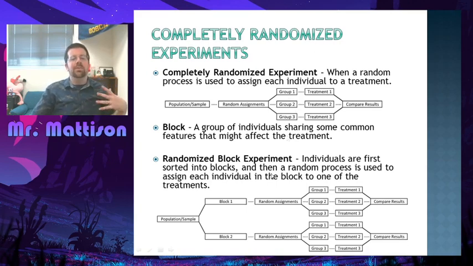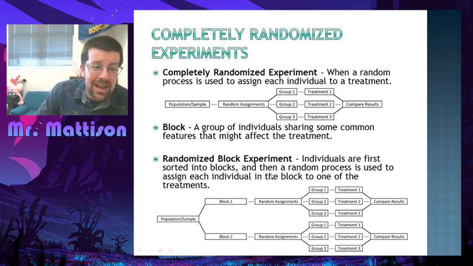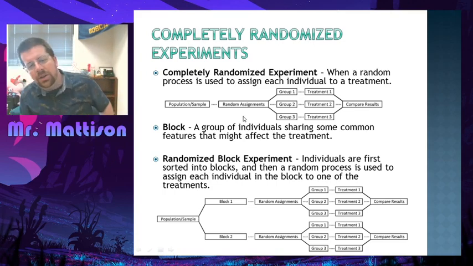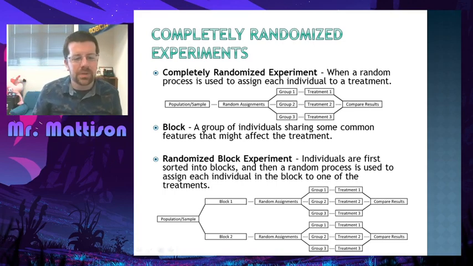We can also do what's called a block experiment. Now, this is just a slight variation of that exact same thing. So I altered the flow chart very slightly here. And so this is when you're trying to compare one group to another group. So you want to find some unifying factor of this group and that group. So maybe I'm trying to compare, hey, how do underclassmen and upperclassmen react.